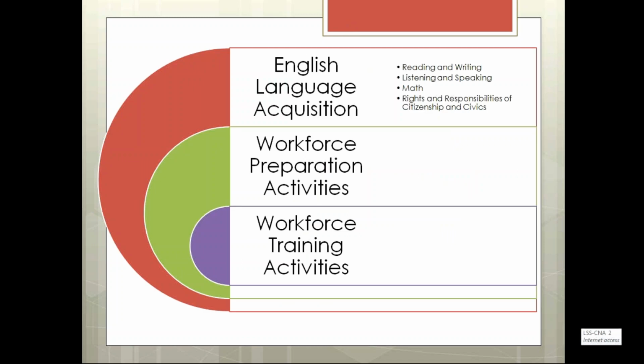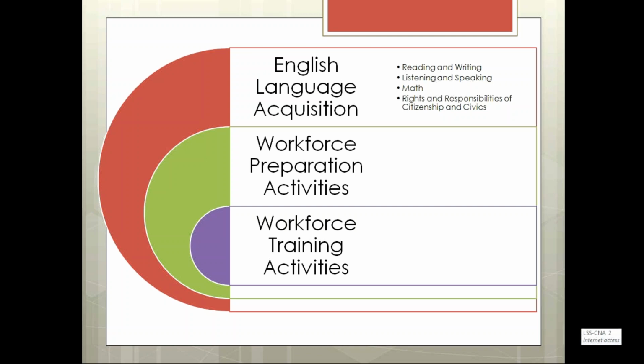Here, let's look at some more specific information defining those three components. So first, we're taking a look at ELA, English Language Acquisition, that ELAP, English Language Acquisition Program, and we see that acronym once in a while in WIOA.